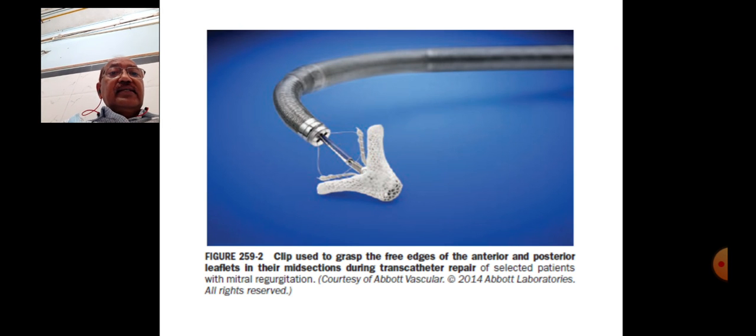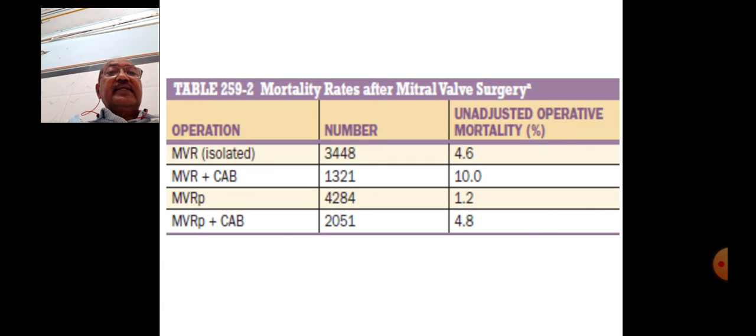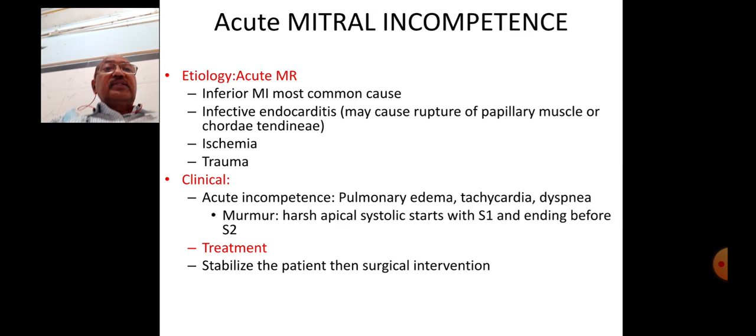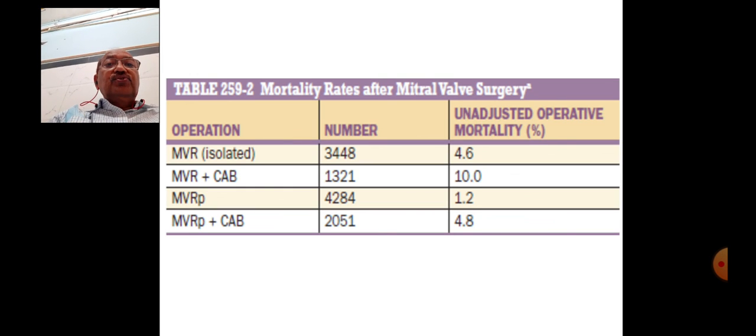And here is an example of the mitral valve clip which can be utilized for that. Mortality rate for mitral valve surgery, MVR isolated, is 4.6%. If it is associated with CABG, it goes to 10%. Repair mortality is much less, 1.2%.